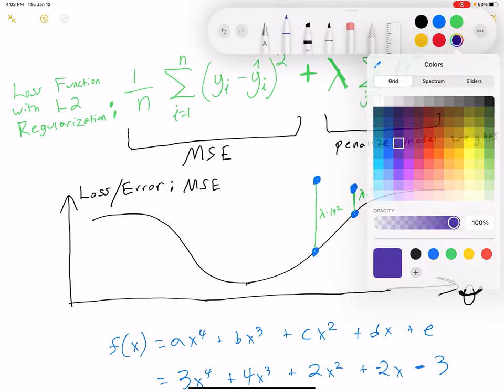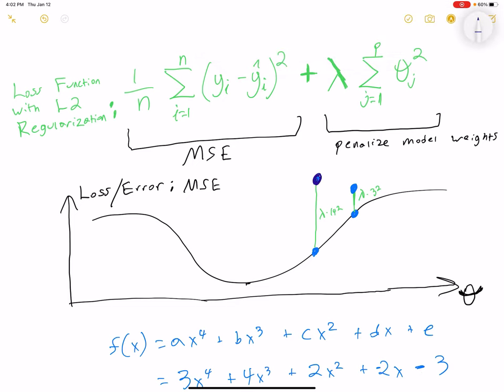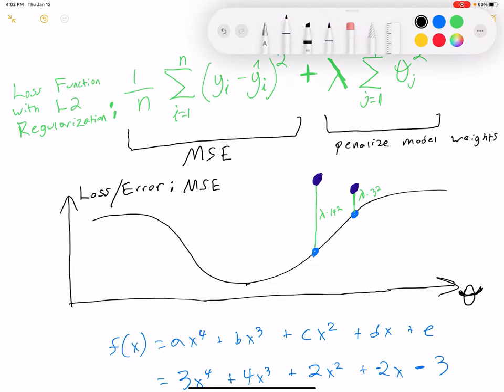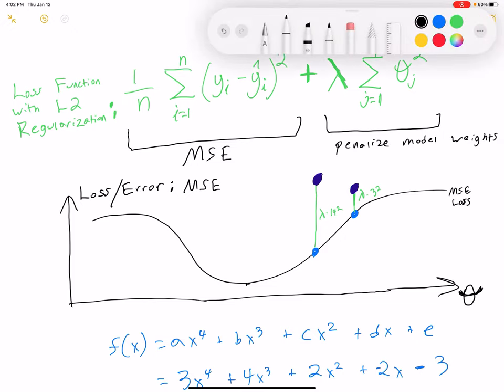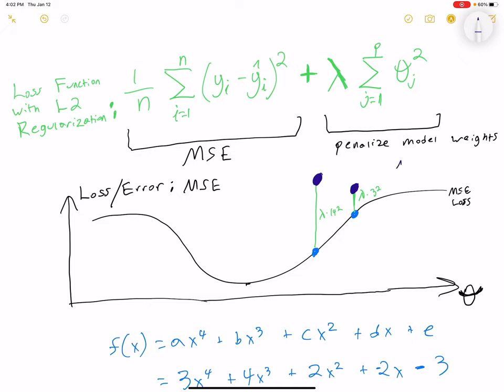Yeah, exactly. So maybe let's make this a different color, where this purple dot represents... So this black line represents MSE loss, and the purple-ish color represents MSE plus L2 loss.